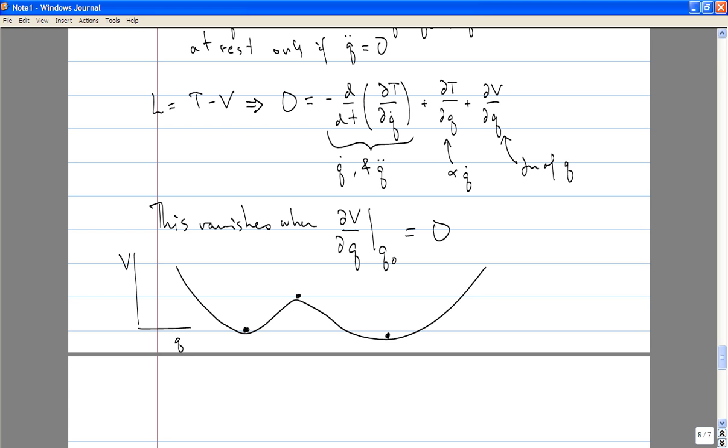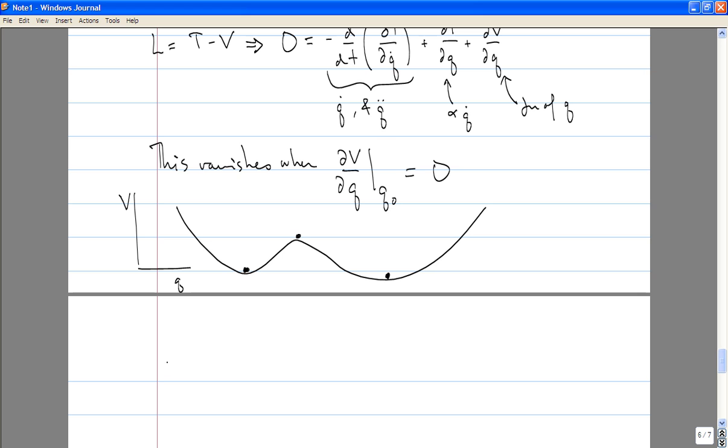Now, as you can probably see by looking at this picture for the potential, there are 2 qualitatively different types of equilibrium points. In particular, there are those where we are at a local minimum of the potential and those where we are at a local maximum of the potential.